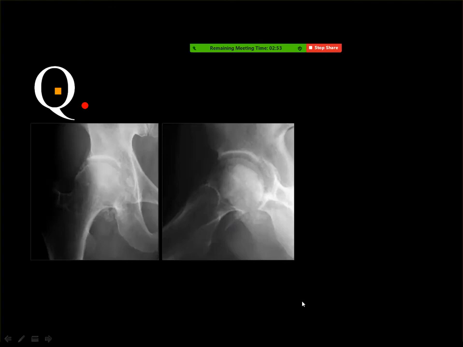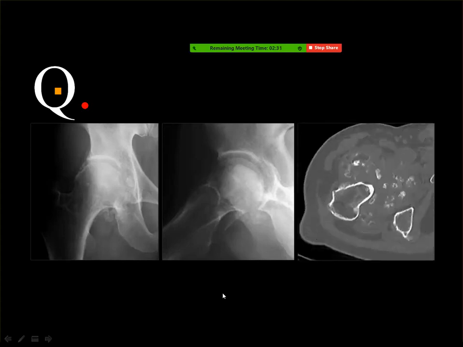Then here is an X-ray of the hip joint in the frontal and lateral view. What do you think? This is the CT scan of the same case.